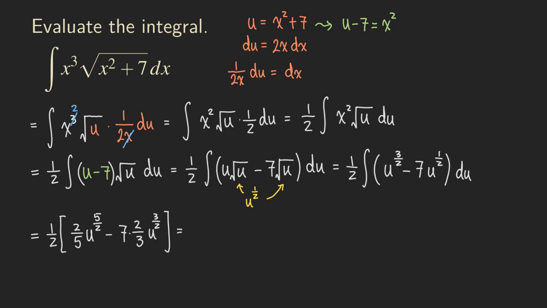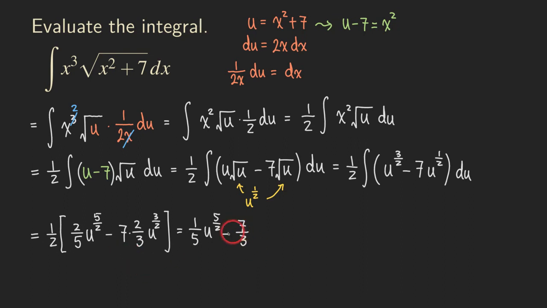And so distributing the 1/2 at the same time, then we actually will be getting 1 over 5. Oh, I'm forgetting the plus c right here, but I will just put it at the end. So we are going to get 1 over 5, and then u to the 5 over 2. And then minus, what is that? If we multiply by the 1 over 2, then we are going to get 7 over 3.